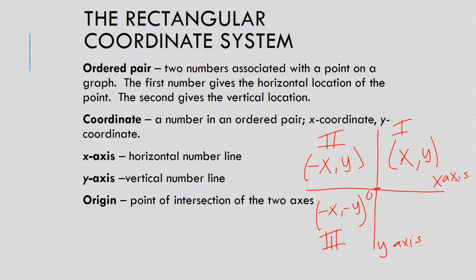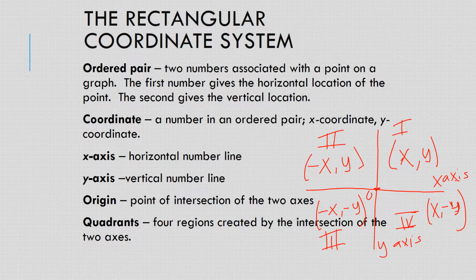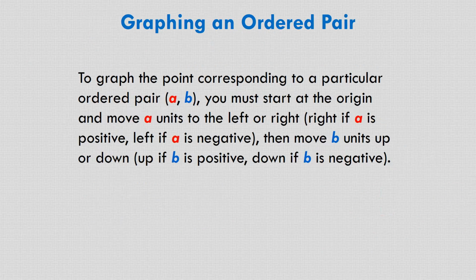And in quadrant 4, our coordinates are positive x values and negative y values. Note that the quadrants go around counterclockwise, so instead of clockwise, we go 1, 2, 3, 4. That is your rectangular coordinate system. And I forgot to click to show quadrants.